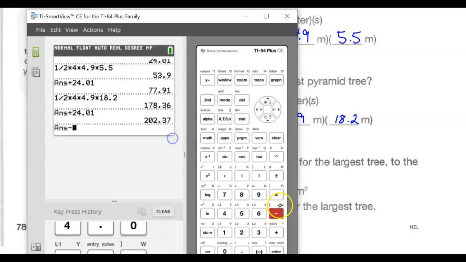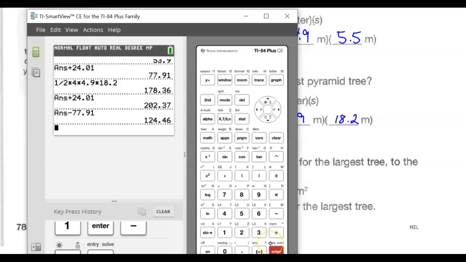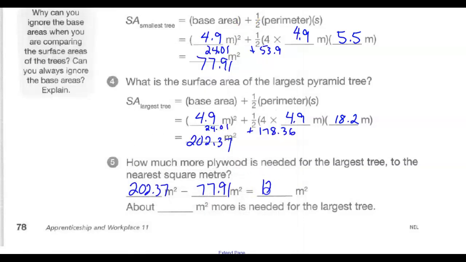I'm going to subtract 77.91, 124.46. And that rounds to about 124. Okay, so really we weren't doubling anything. It was just basically the difference.